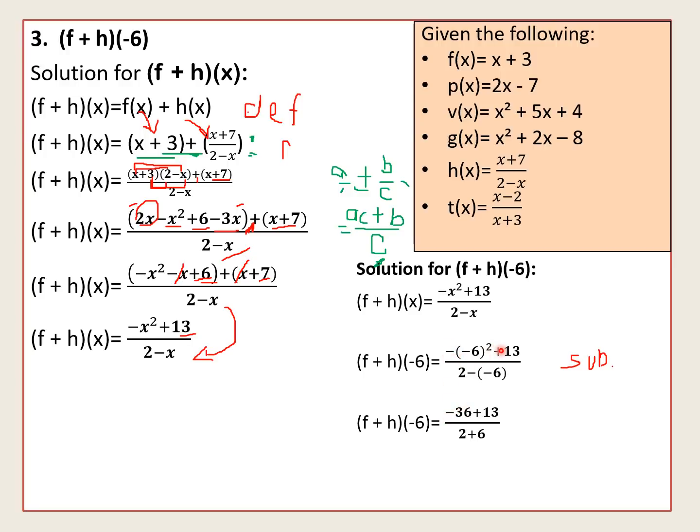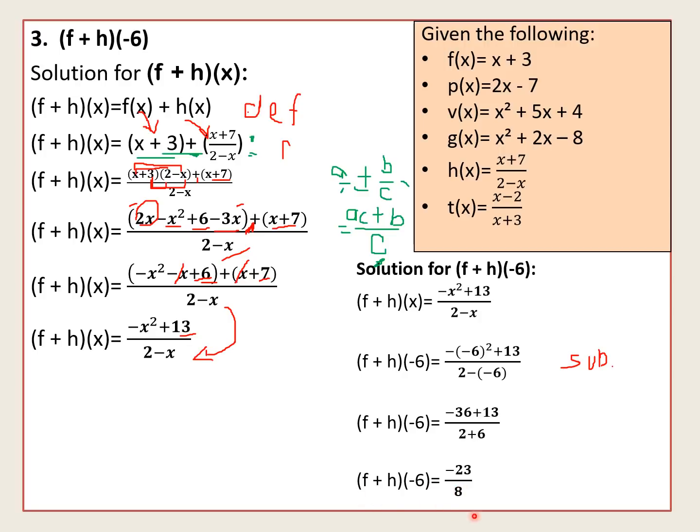Then, plus 13 all over 2 negative times negative 6. It is positive 6. Okay, next. F plus h of negative 6 is negative 36 plus 13. Ano si negative 36 plus 13? It is negative 23. Good. Negative 23 over ano? 2 plus 6, which is 8.